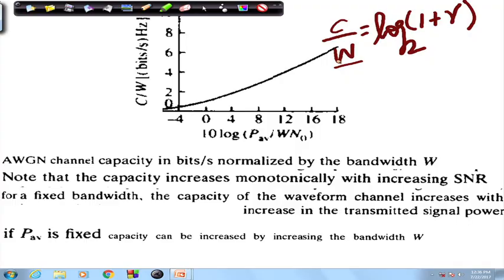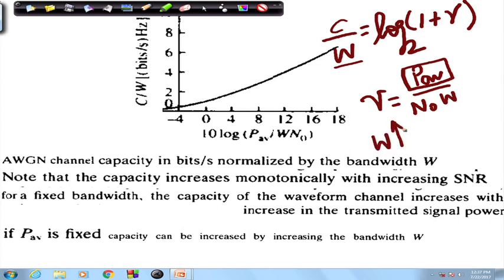Now, let us look at what would happen if we say that P average, the average transmit power, divided by N naught W is the expression for gamma. If I want to keep this constant, that means I am keeping P average constant, but I am increasing W indefinitely. Then what happens?